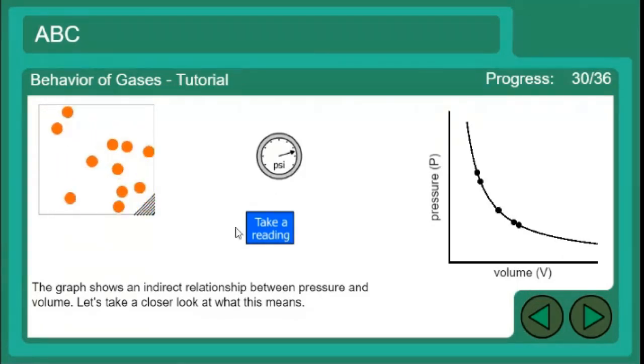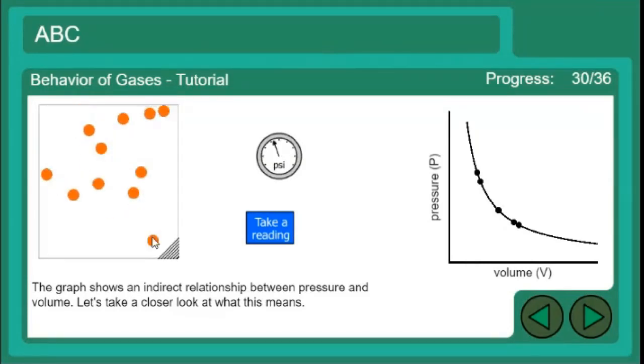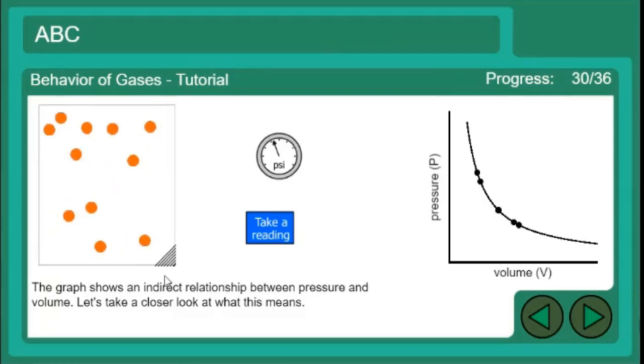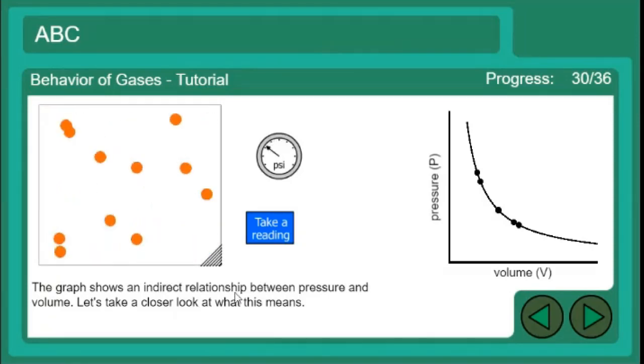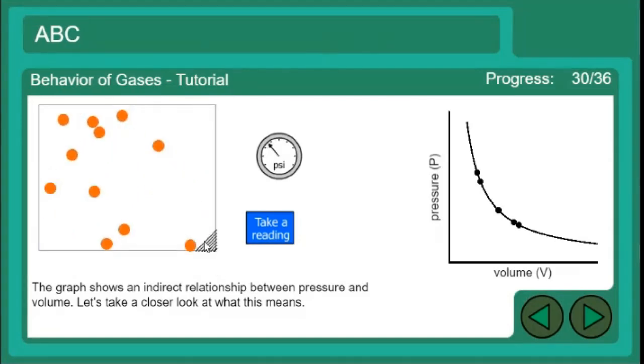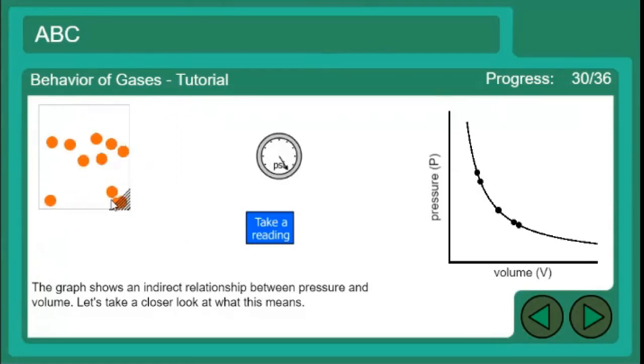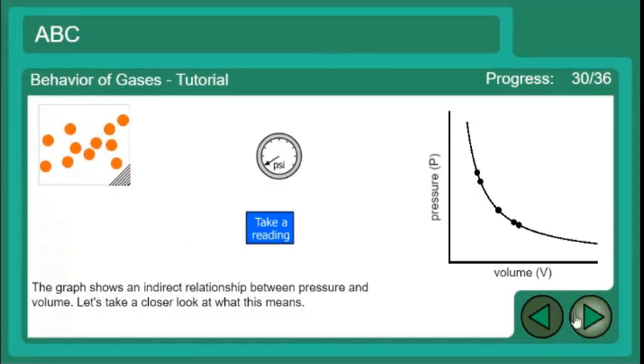So we can try adjusting and see what happened. When the volume increases, the PSI value is the lowest. When the volume decreases, the pressure increases.